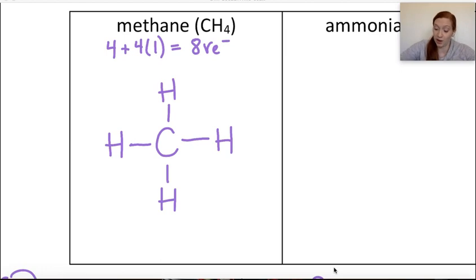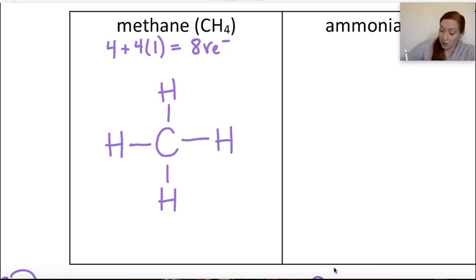So at this point, if we count up our total electrons that we've used, 2, 4, 6, 8, right? We really want to think about this as being a pair of electrons, 1 coming from each bond. So we want to check to make sure that we've used up all of our valence electrons and that every atom has a full valence shell of electrons surrounding it now that we've shared those electrons.